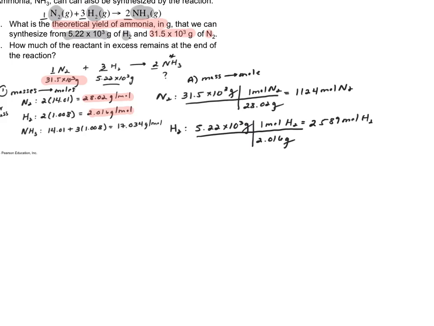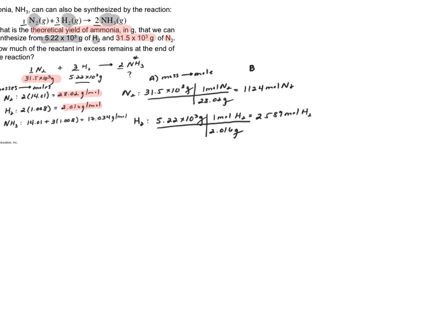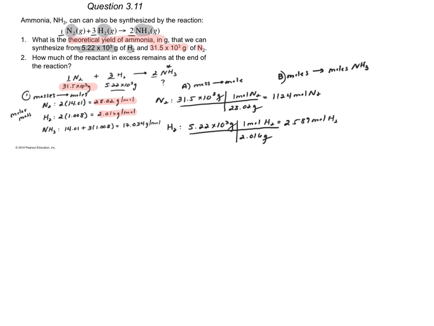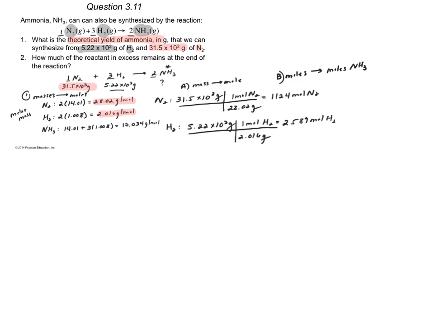Now in part B, we're going to take the moles of our reactants and convert to moles of ammonia using the coefficients in the balanced chemical formula. For nitrogen, if we look back, for every 1 N2, we make 2 NH3s. So if we had 2 N2s, we'd make 4; 3 would make 6. Whatever we do with nitrogen, we're essentially going to see double of that in terms of ammonia.